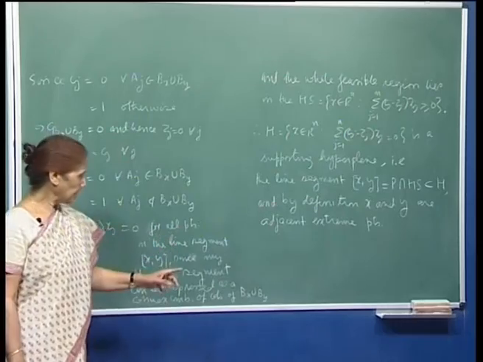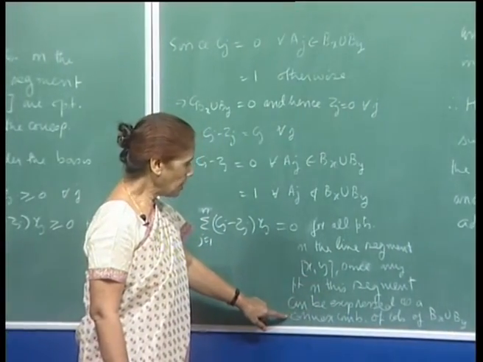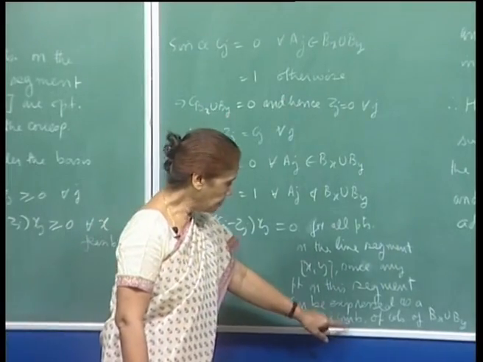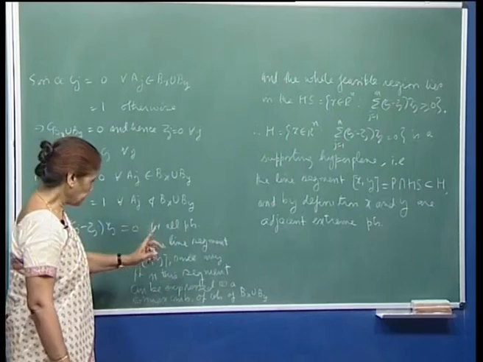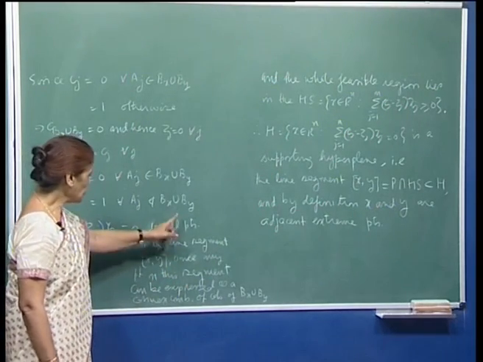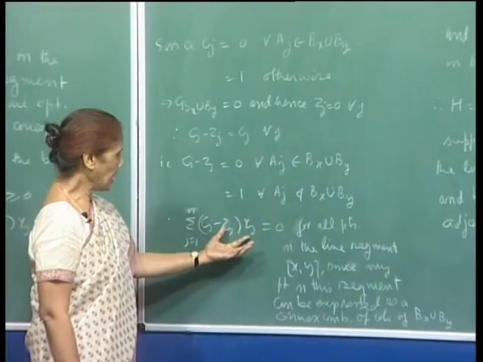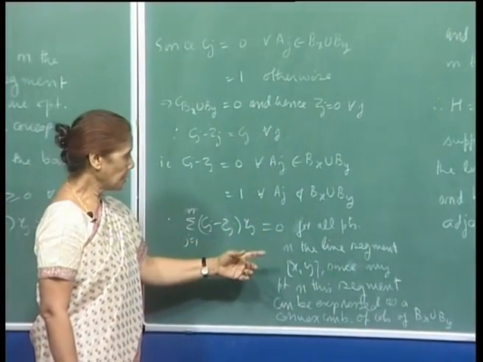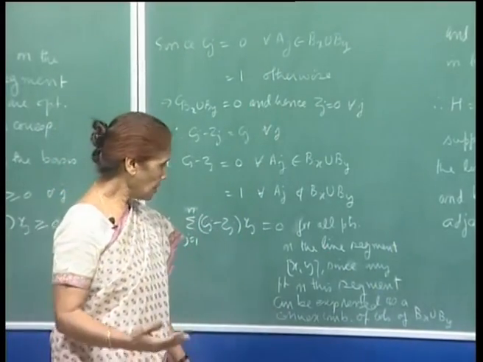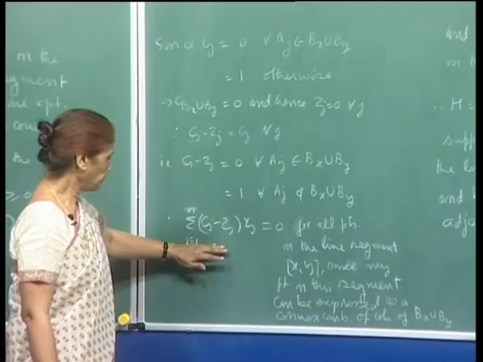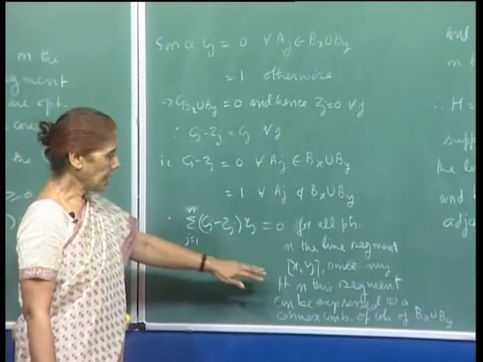Now, on the line segment x comma y, every point will be a convex combination of the columns. So I have written here a convex combination of columns of Bx union By, and for all columns in Bx union By, this quantity is 0. Therefore, Cj minus Zj times xj is 0 for all points on the line segment, and the xj's are 0 for coefficients which are not on the line segment. So this expression will be 0 for all points on the line segment x comma y.